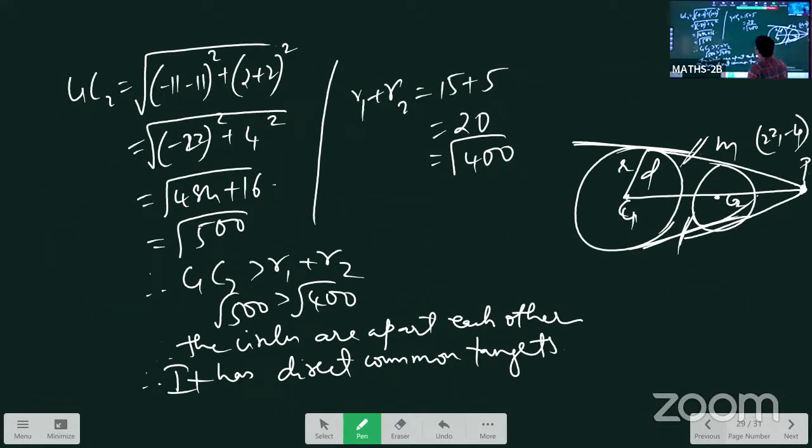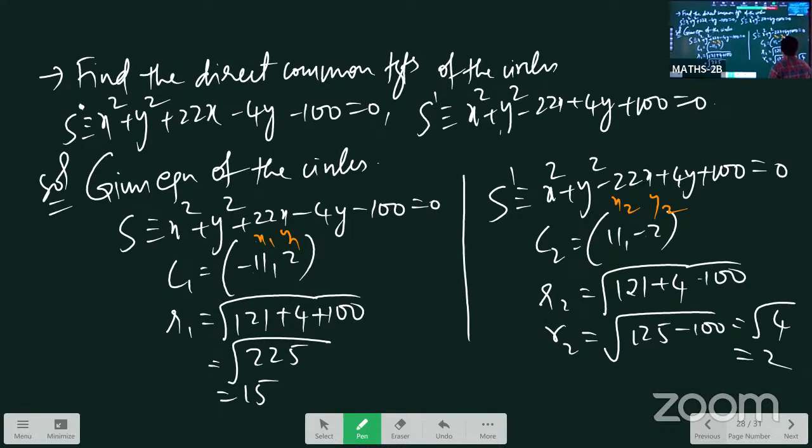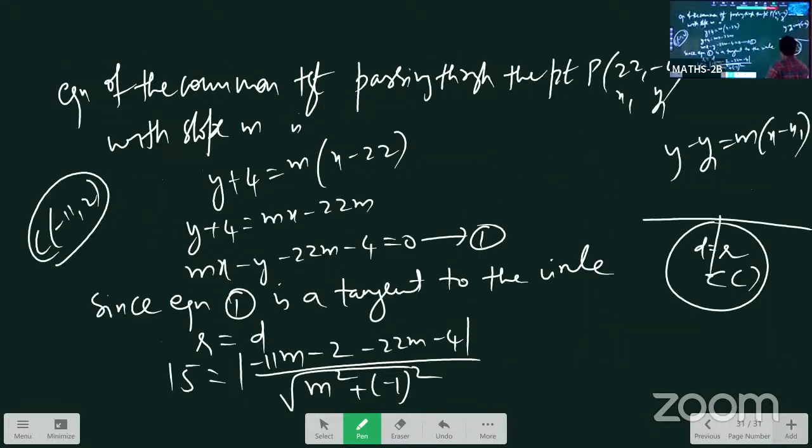Take the second circle radius as 5. Then I take the second circle center as 11 comma minus 2. This only you consider.